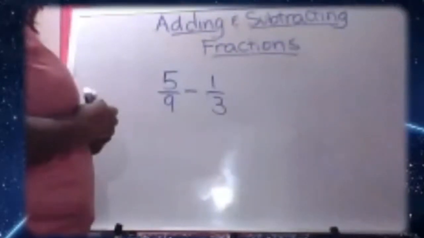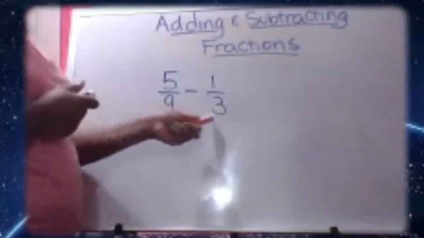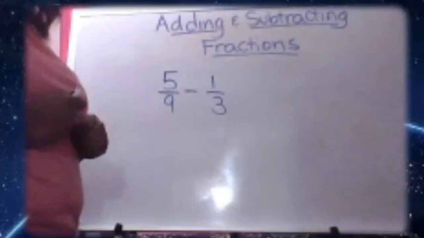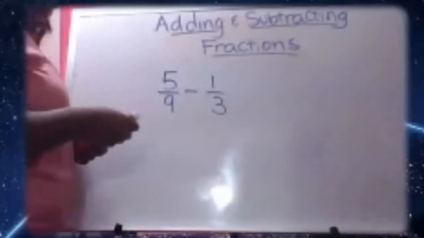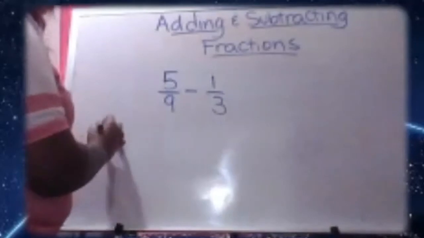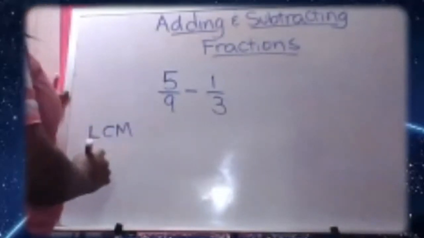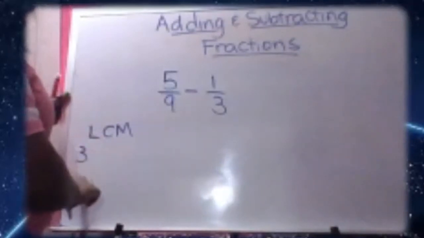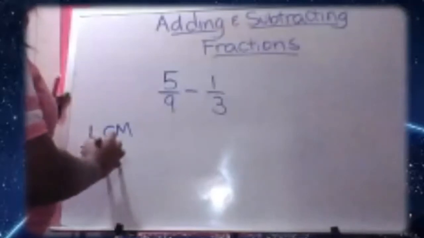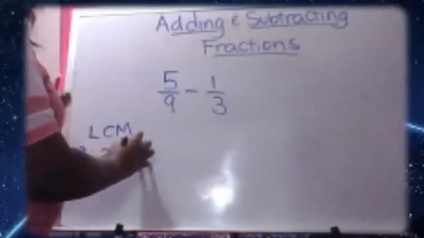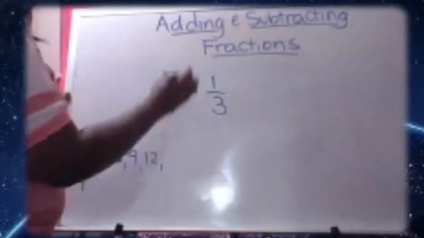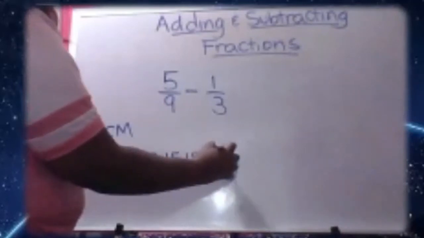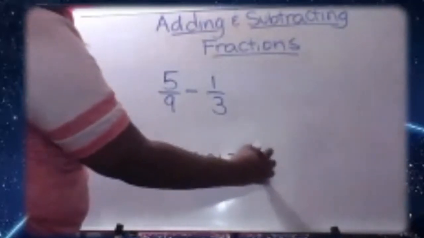Okay, so we see here that we do not have the same denominators, so we can't subtract these fractions as they are. We have to make the denominators become the same number. And we do that by looking for the least common multiple of 9 and 3. If you count by 3s, remember we're looking for multiples, so we get 3, 6, 9, 12, 15, 18, 21, 24, 27, and so on.